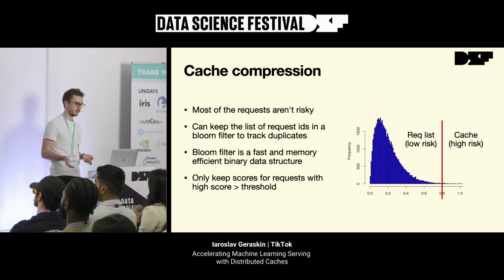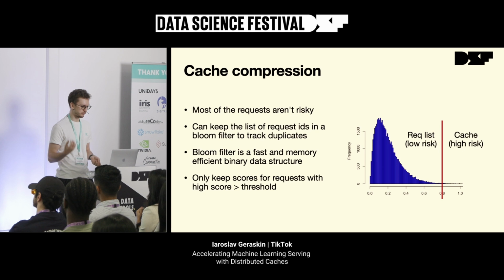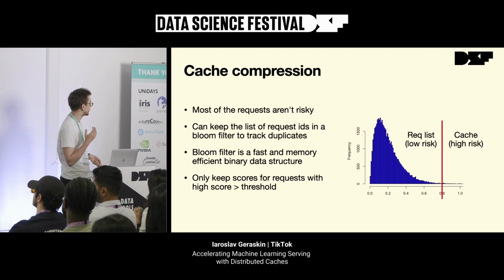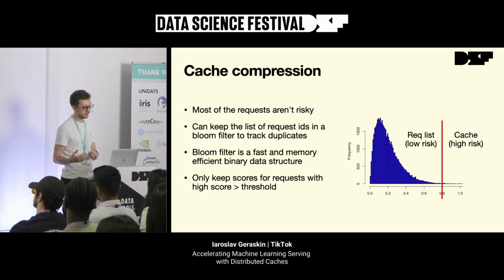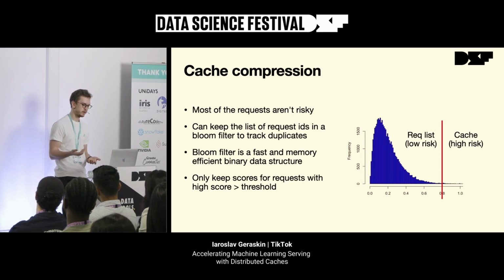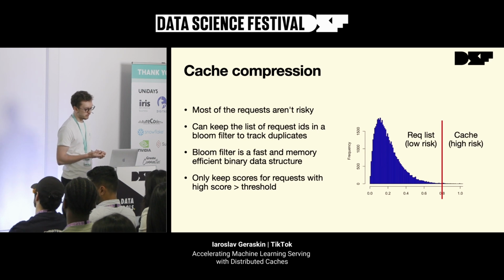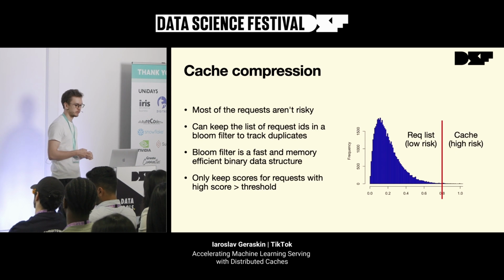After we make an inference for the first time for that request, we can store this request in the full cache if the risk is high for this request. High risk means the model score is higher than the threshold. And if the risk is low, we just save this request in the request list.